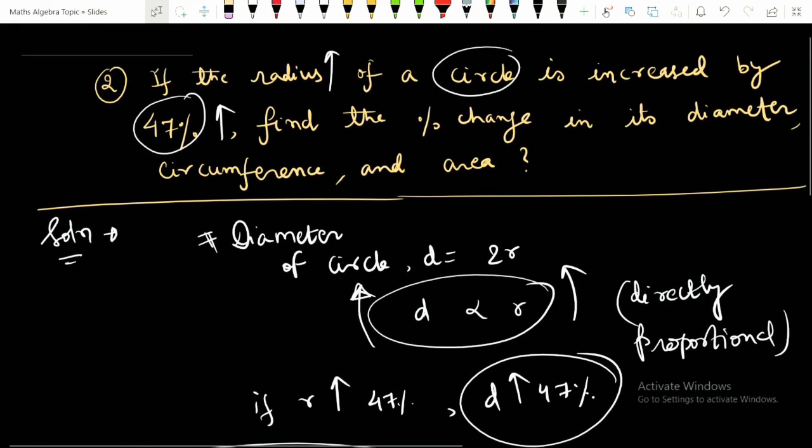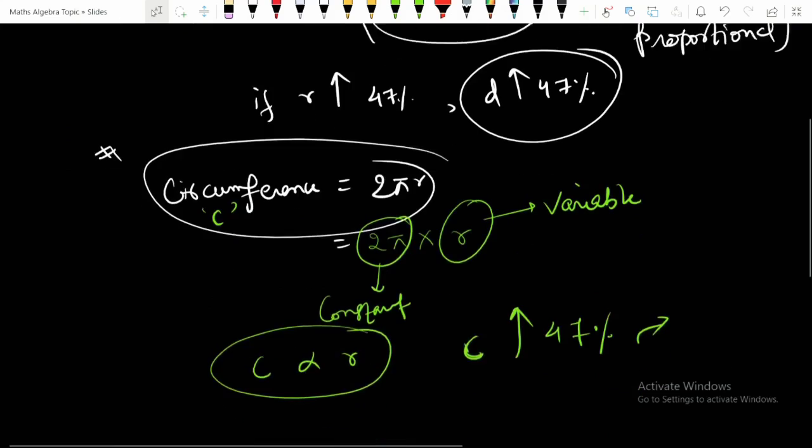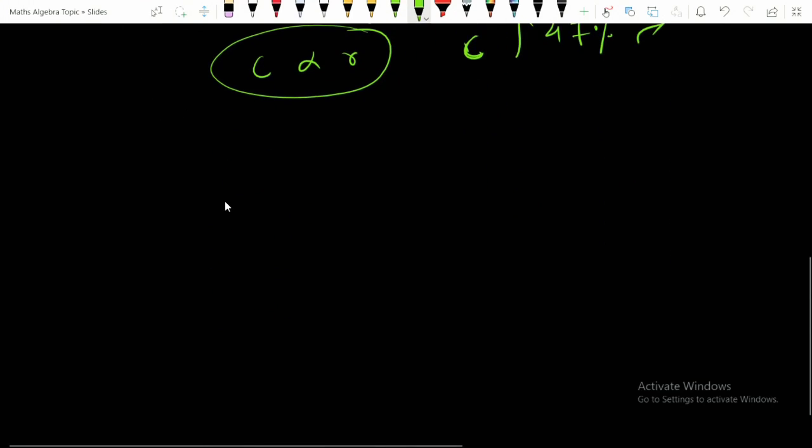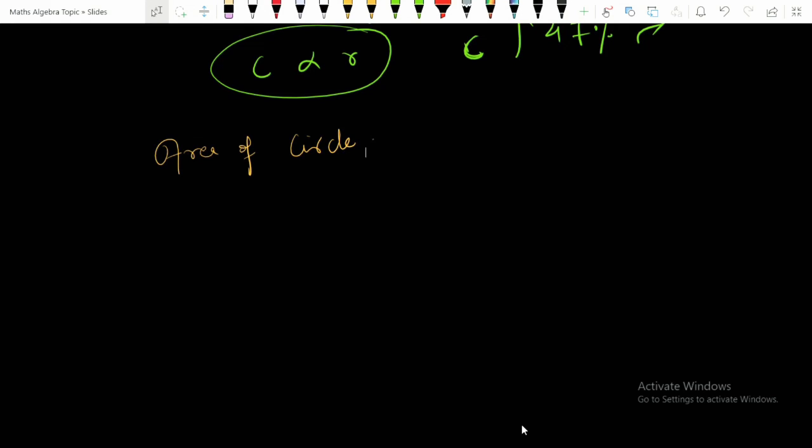Now coming to the area. What is area? Area of circle. So area of circle equals what? Pi r square. This is the formula of area of circle. Now A, let's say. So A equals what?